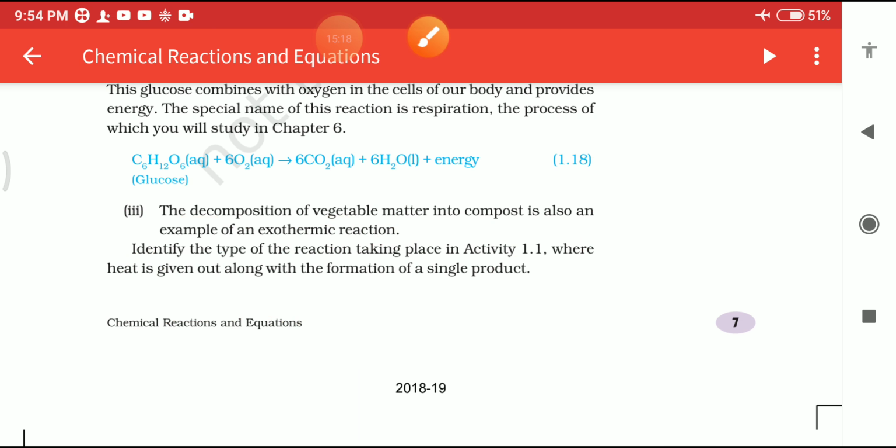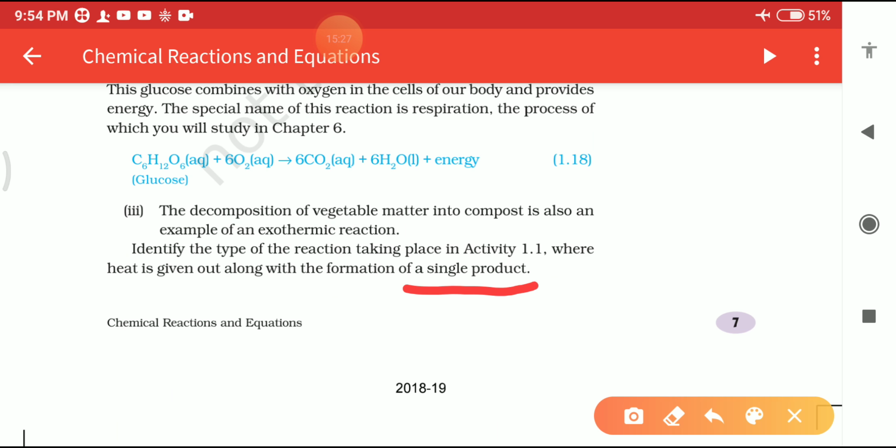So we can see that in combination reactions, two or more substances are combined together and form a single product. That was the first type of chemical reactions, combination reactions.